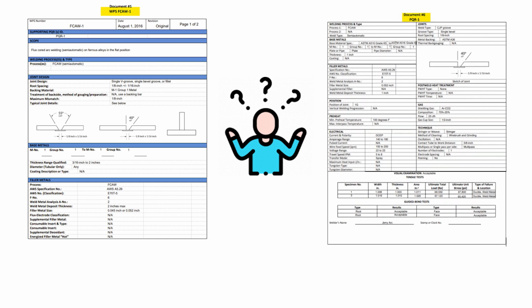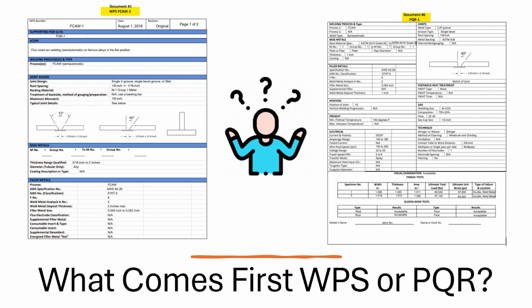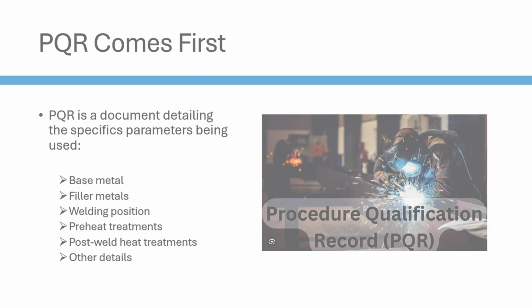So first things first, a lot of people not familiar with a WPS or a PQR always ask which one comes first. So for the beginners, let me clarify. Before a WPS is made, the PQR has to be created.